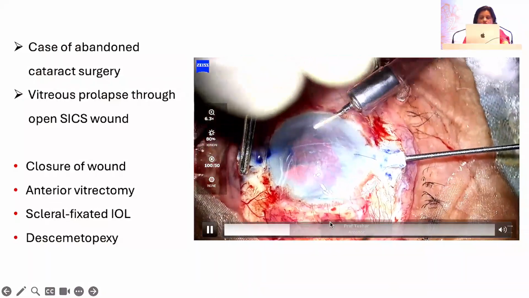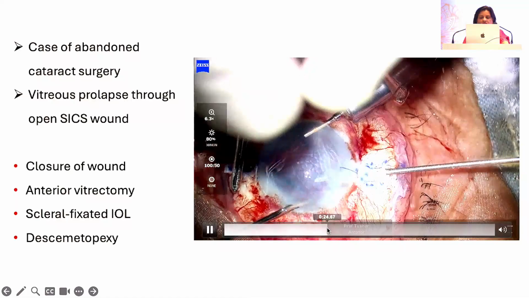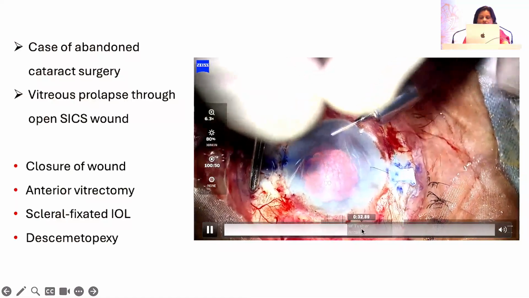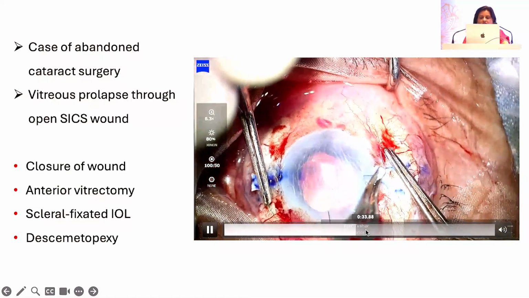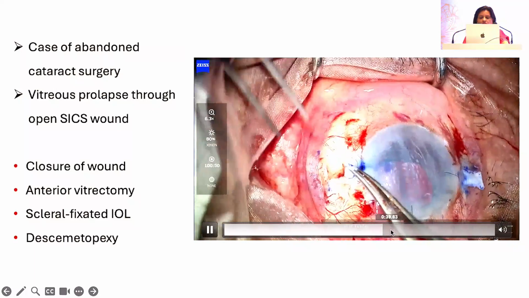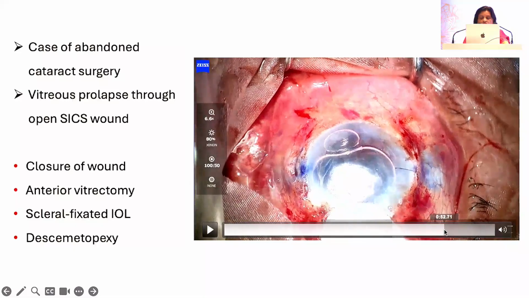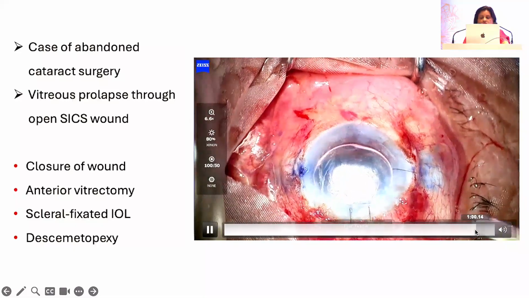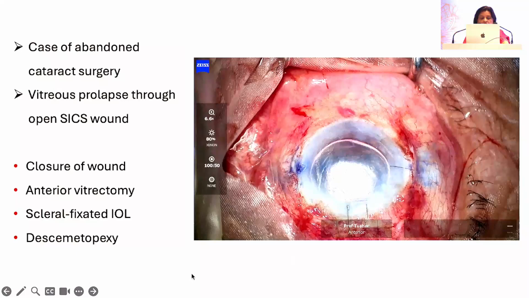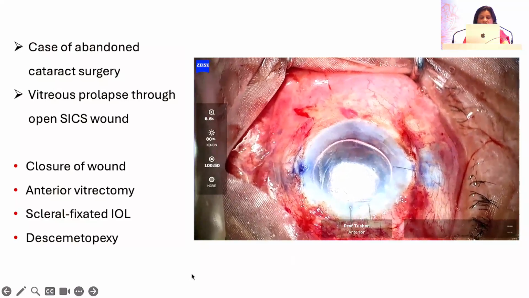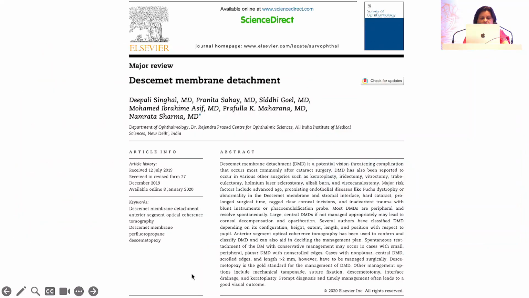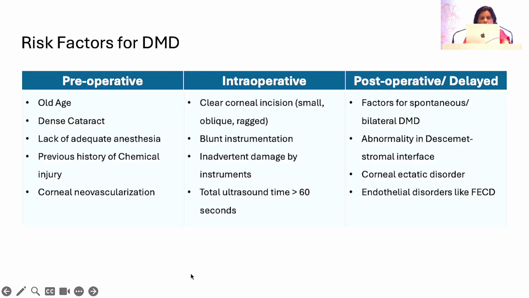All of these were done in one sitting itself, to take care of both the Descemet's membrane detachment as well as the open capsule, where you can't put a single piece lens because there is nothing to hold on to it.